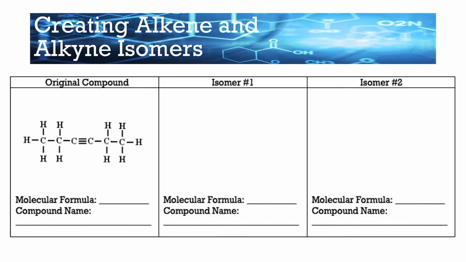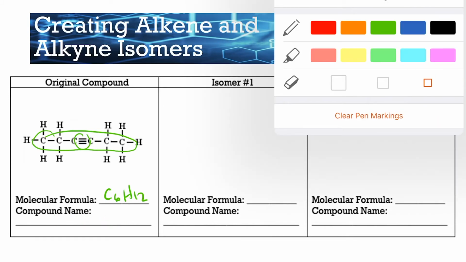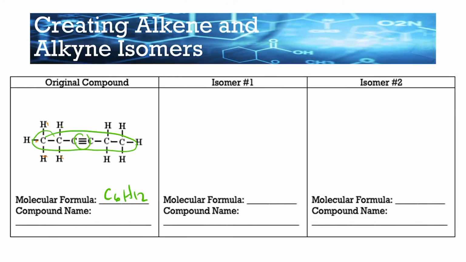Okay, so looking at our original compound, our formula is C6H10, and we're going to name it 3-hexyne, because our longest chain is 6 carbons, and this triple bond starts at the third carbon, and we have that YNE ending because of that triple bond. 1, 2, 3, 4, 5, 6, 7, 8, 9, 10.